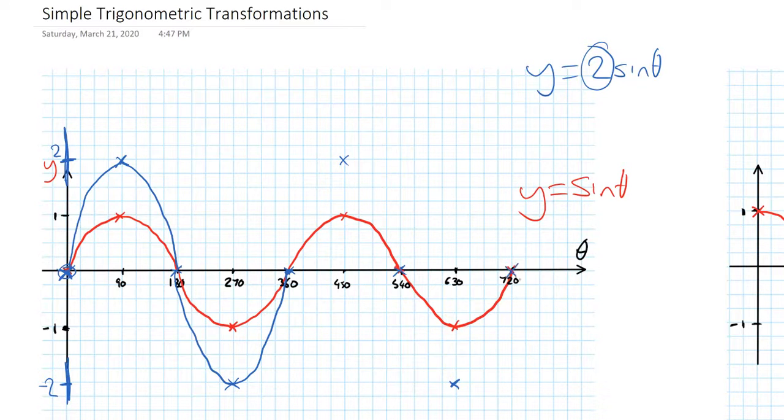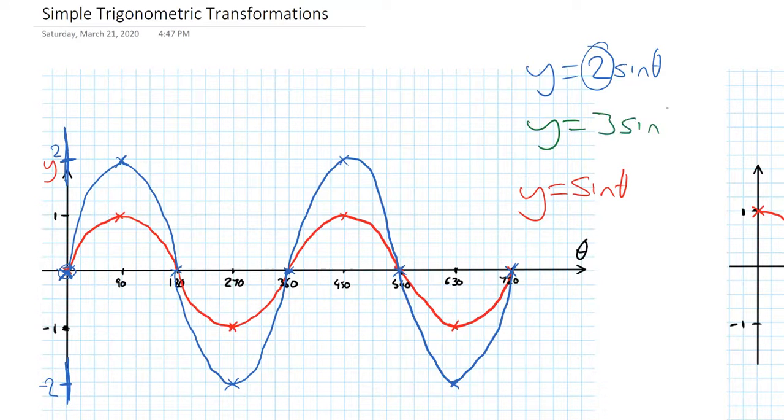And then at 720, of course, we're back again. So if I wanted to plot y equals 2 sine theta between 0 and 720, that will be the blue diagram there.